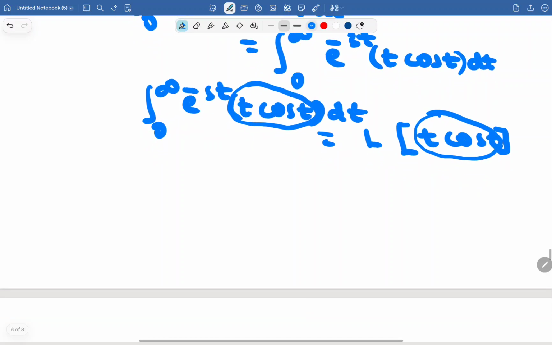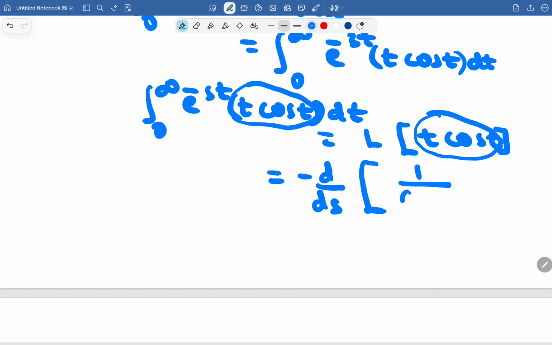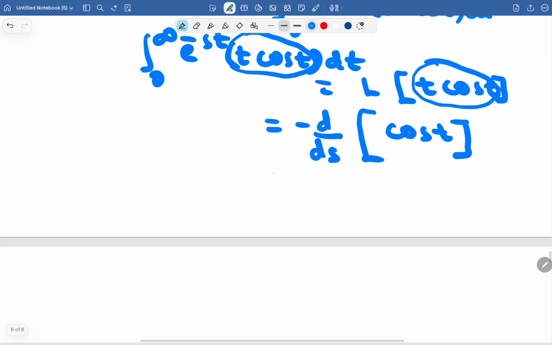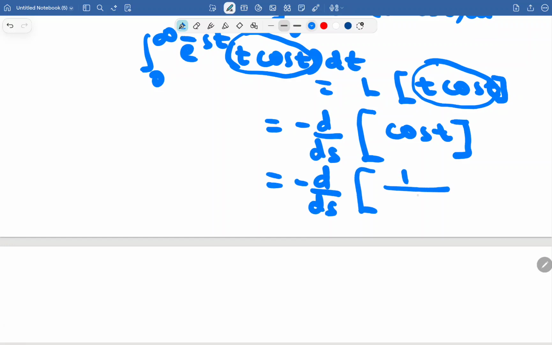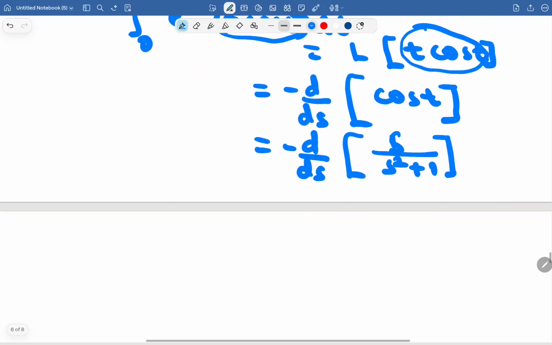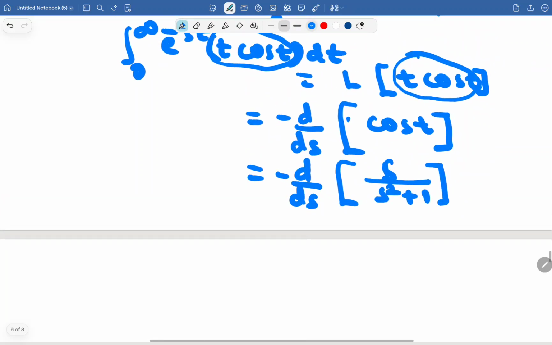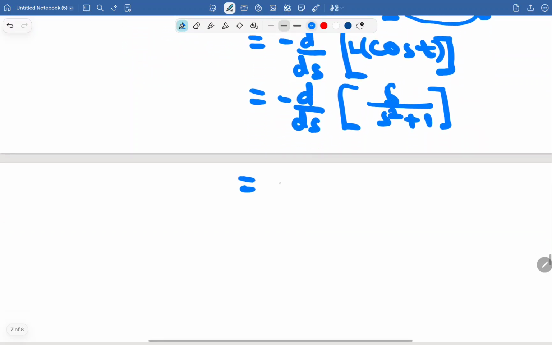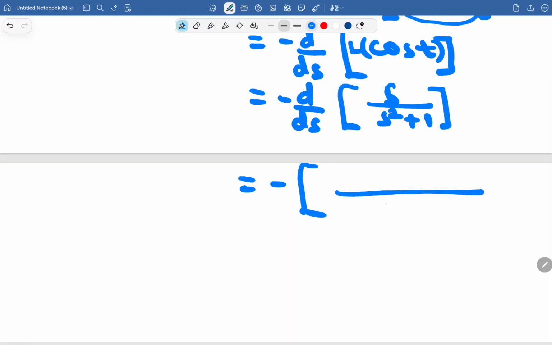What is L of t cos t? By the property, it can be written as minus d by ds of L of cos t. What is L of cos t? s by s square plus 1. Now differentiate with respect to s using u by v formula.